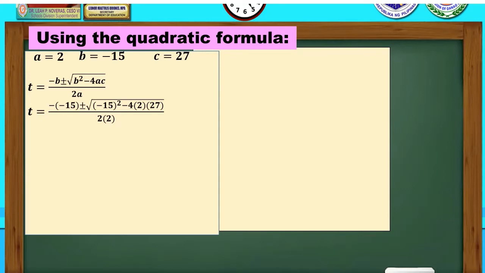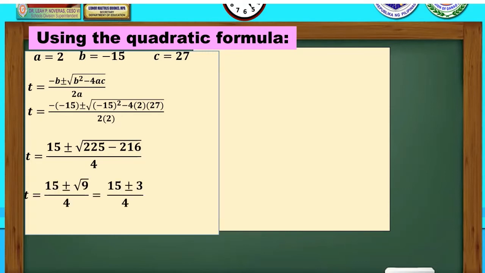Then, t equals 15 plus or minus the square root of 225 minus 216, all over 4. So, t equals 15 plus or minus the square root of 9, all over 4. That is equal to 15 plus or minus 3, all over 4.